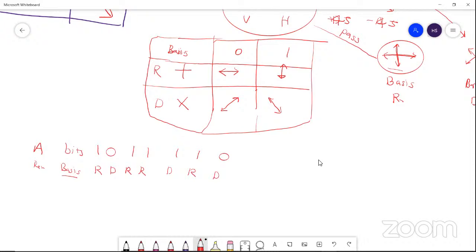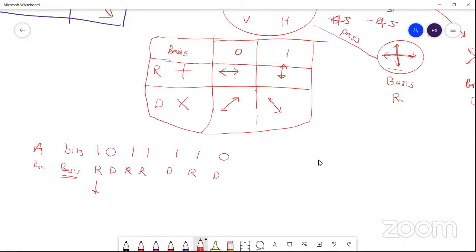Now, Alice wants to send these bits, and she chooses these random bases R, D, R. To send 1 in the rectilinear basis, if you go here, you should send a vertically polarized photon.